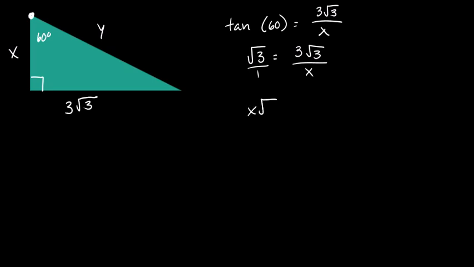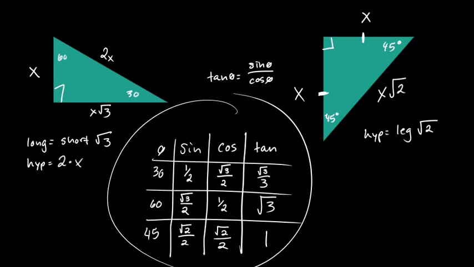So this is x square root of 3 is equal to 3 radical 3 times 1, which is just 3 radical 3, and then I divide by the square root of 3. Cancels out on the left side. X equals 3.